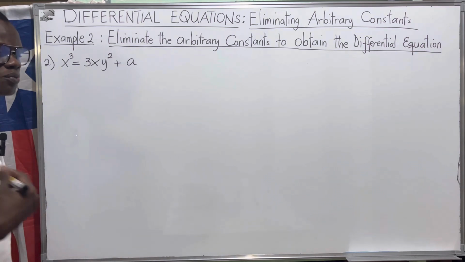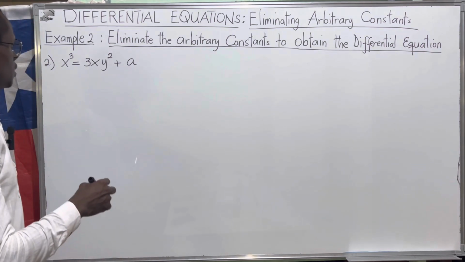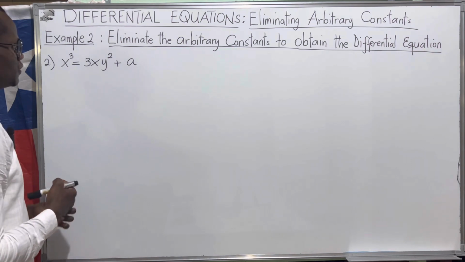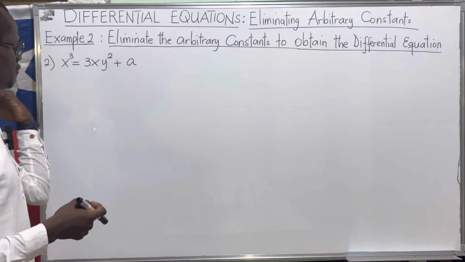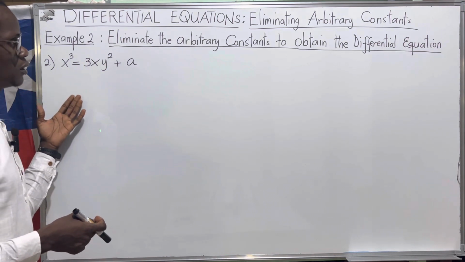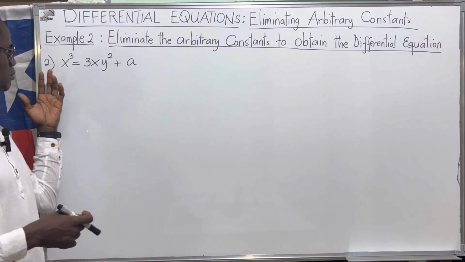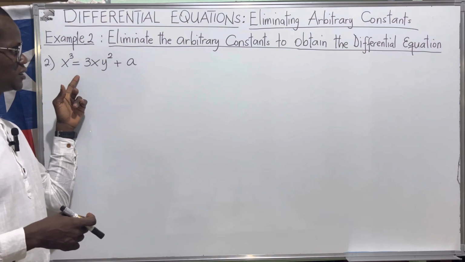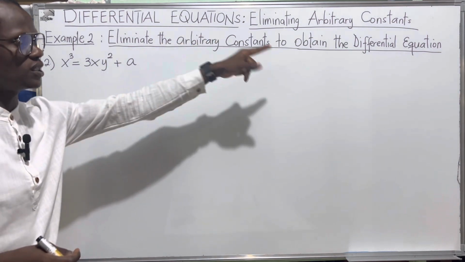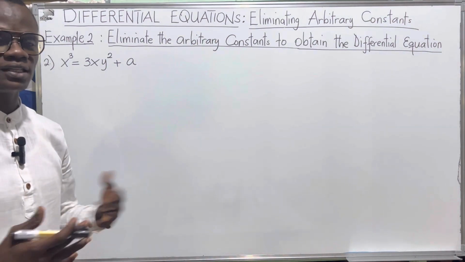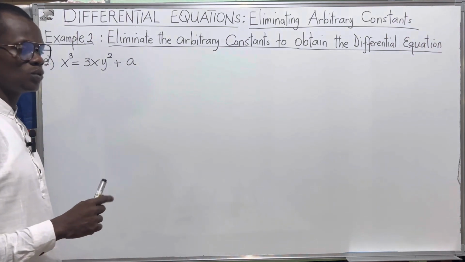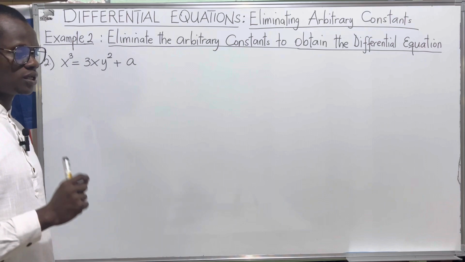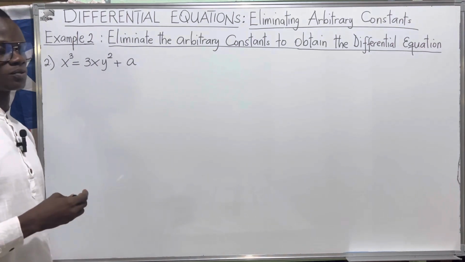So we told you in our previous video that whenever you have a solution or a functional relation and you want to convert that functional relation to the differential equation, thereby eliminating the arbitrary constants, what you need to identify has to do with the number of constants within this particular function.